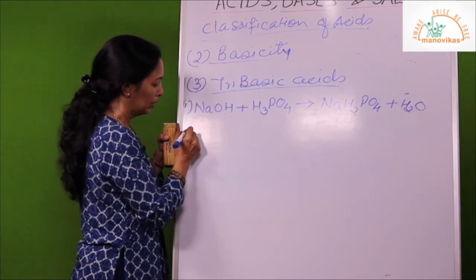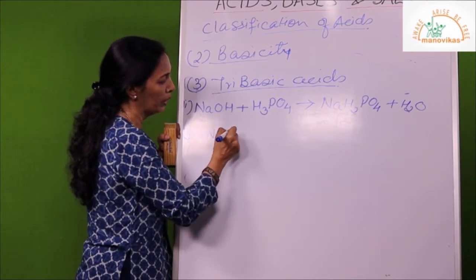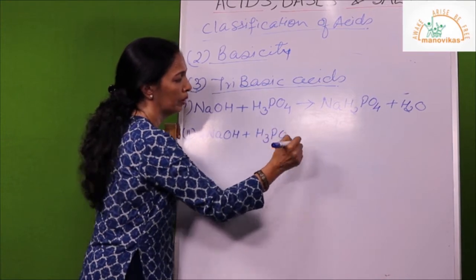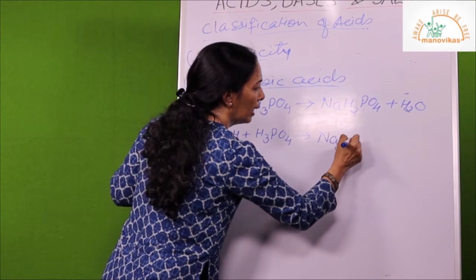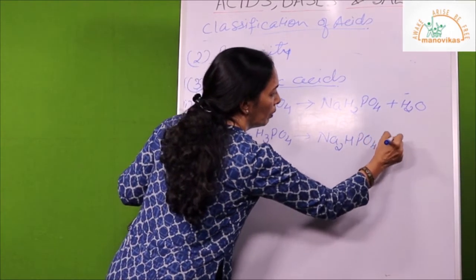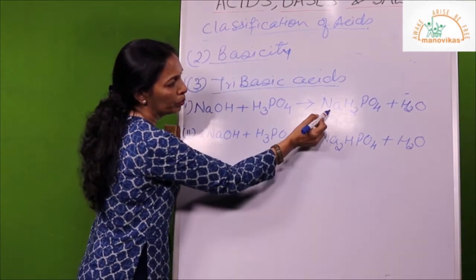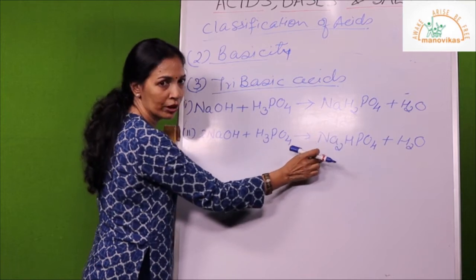This is the first one. The second one: 2NaOH plus H3PO4 will give Na2HPO4 plus H2O. See here, one sodium was there, now 2 sodium, so 2 hydrogens are replaced by 2 sodium.